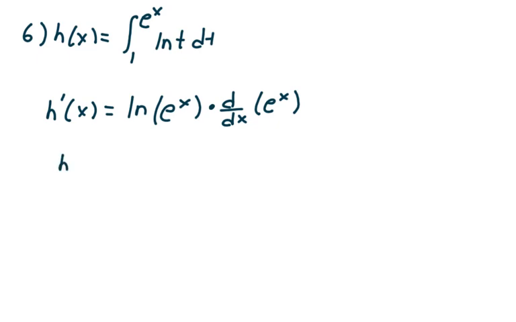So h prime of x is natural log of e to the x times the derivative of e to the x with respect to x, which is e to the x. And again, natural log of e to the x ends up being just x. So that's h prime of x. It's a direct application of the chain rule. Let's take a look at example 7.